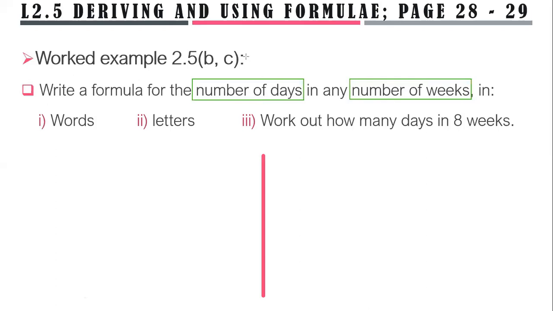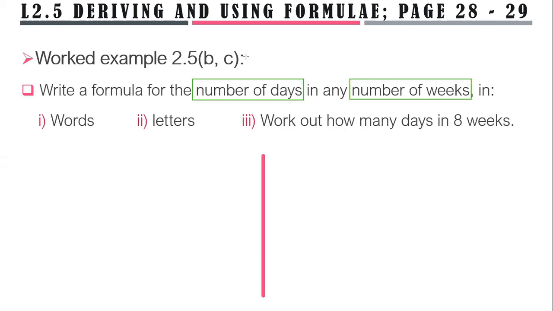So if I want to write a formula for that, can any one of you tell me what I should do? Let's listen to Amar. Yes, Amar, can you tell me what I should do here? He's telling you how many days, let's say, in 1 week.